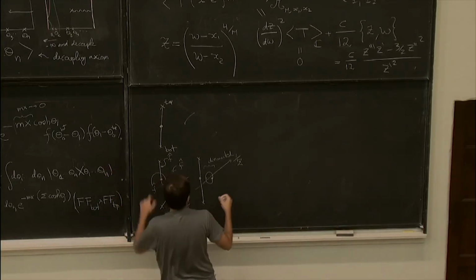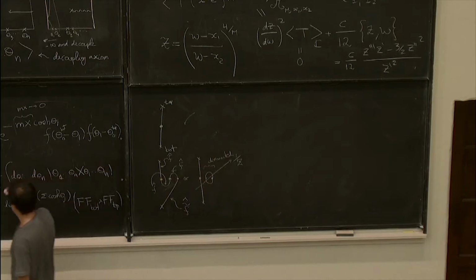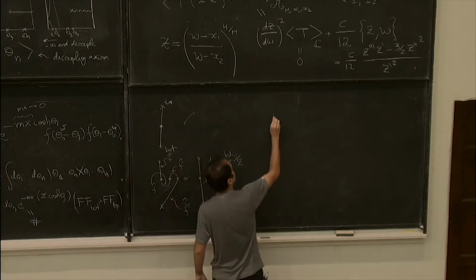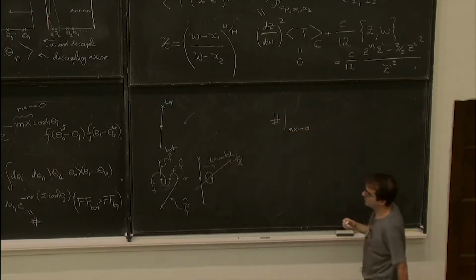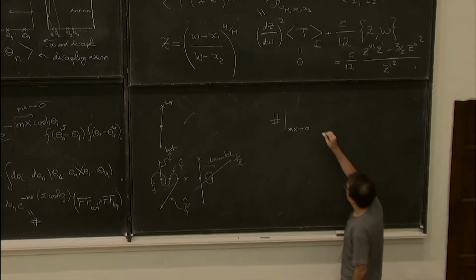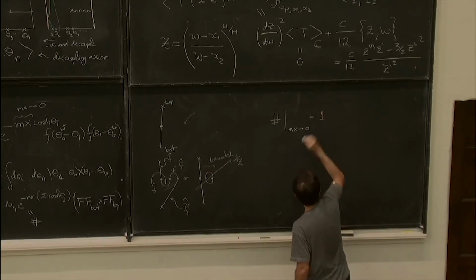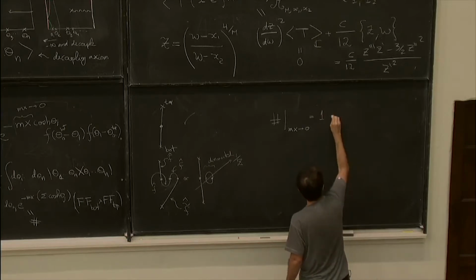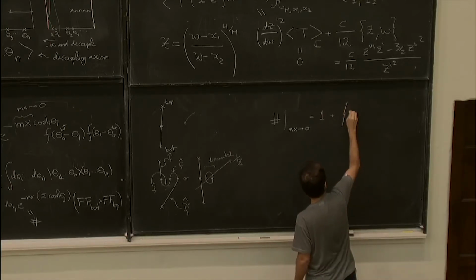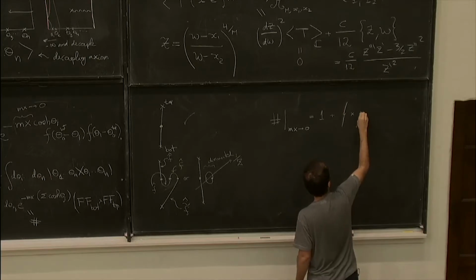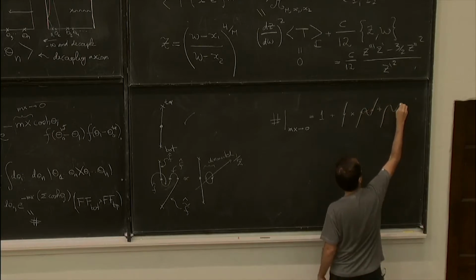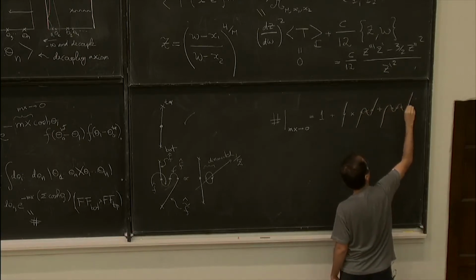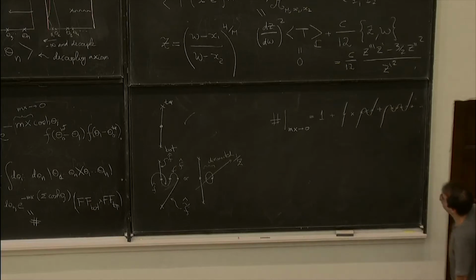The result of this sum, so if I call this sum here hashtag, the result of this hashtag when mx goes to 0, it's just a bunch of convolutions, and it's equal to 1 plus this convolution plus, as we said, this one plus this one plus dot dot dot with coefficient 1.